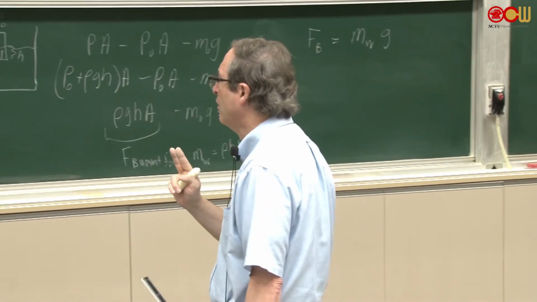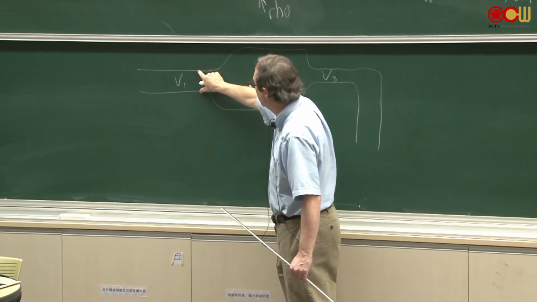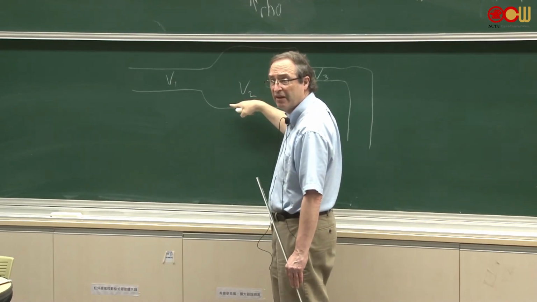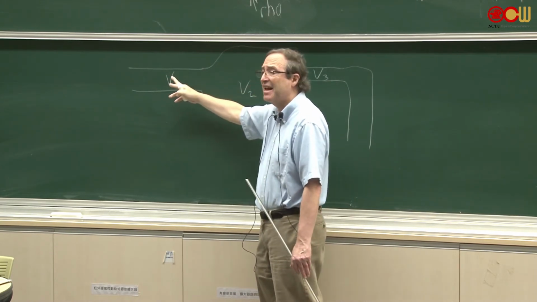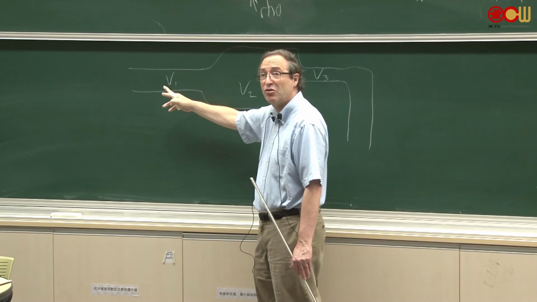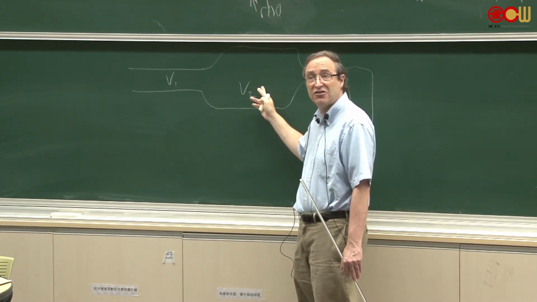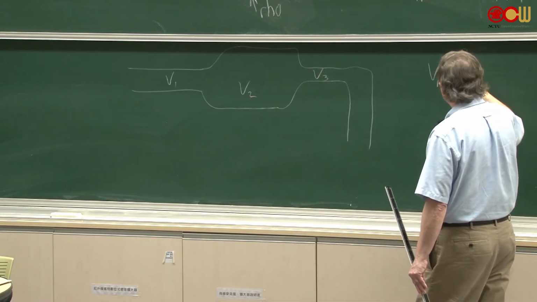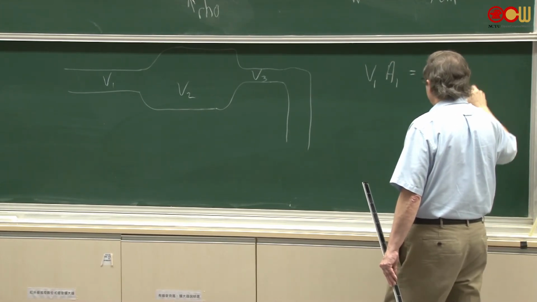So there are two important results that you have to know. One is the fluid here, when it comes out here, it expands up here, right? So that means the velocity here has got to be faster or slower than the velocity here? Faster. Why? Because the amount of fluid flowing has to be the same. All right?